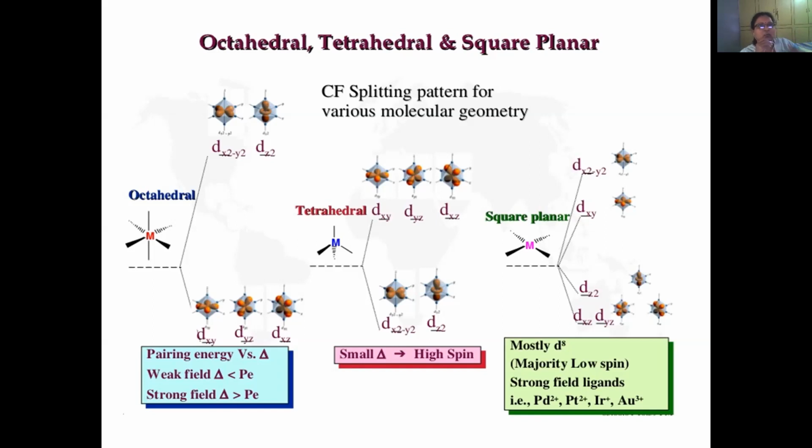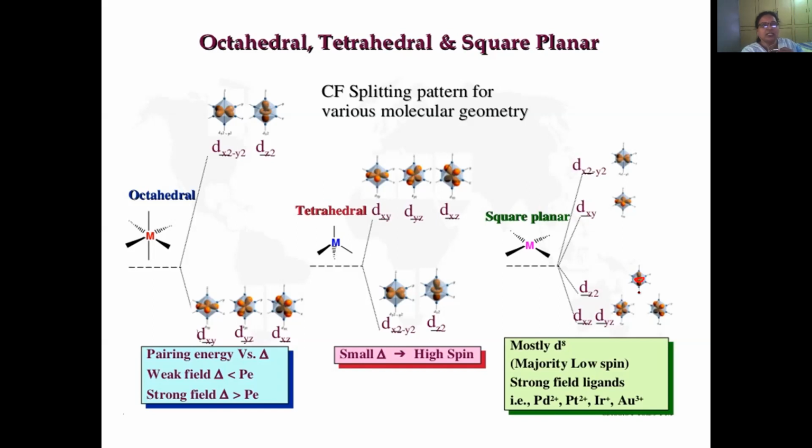Then dxy. Then you have dz². Why dz² first, then dxz? Because in dz² the lobe, I'll just point out with the help of a pen, you can see here the node, like a circle, is present on the x-axis.